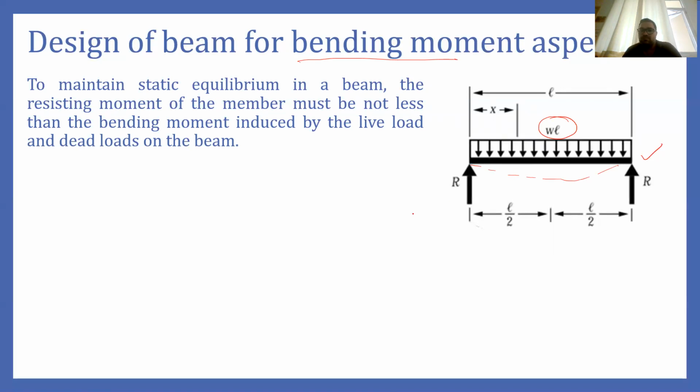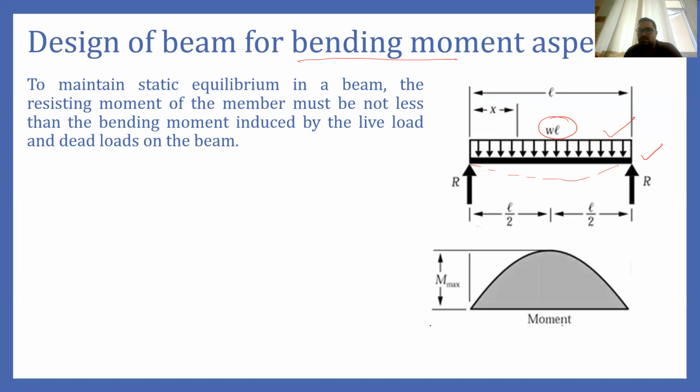Now if we want to draw the bending moment diagram for this beam, we can draw it like this, and with this diagram we can easily conclude that maximum bending moment will occur at the center, and at the support bending moment is minimum. So to design the beam, we know that maximum bending stress will occur where the bending moment is maximum.